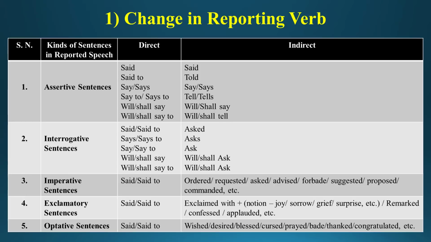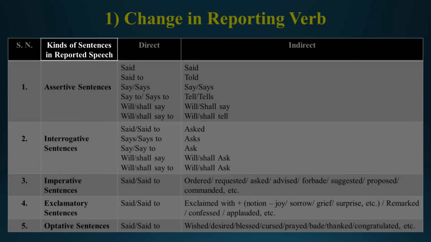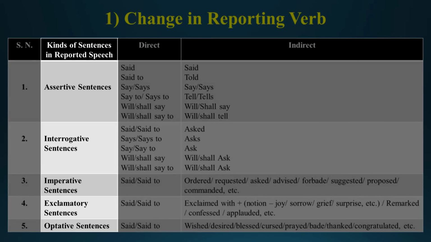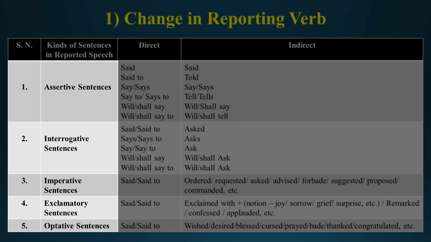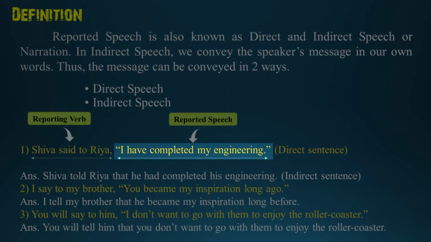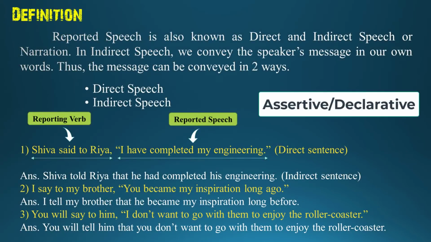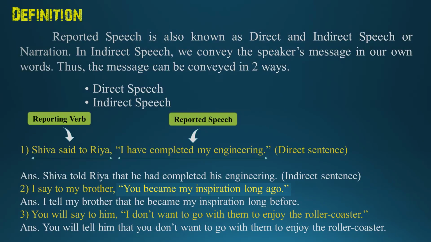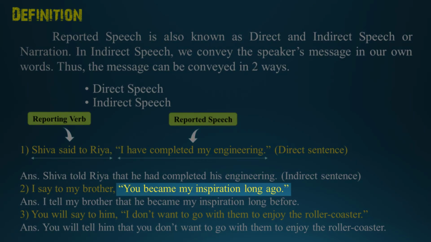See carefully here. See this part, kinds of sentences in reported speech. There can be 5 types of sentences in reported speech. That means this part. If you see here, "I have completed my engineering." This is an assertive sentence. Then, see the second example. "You became my inspiration long ago."